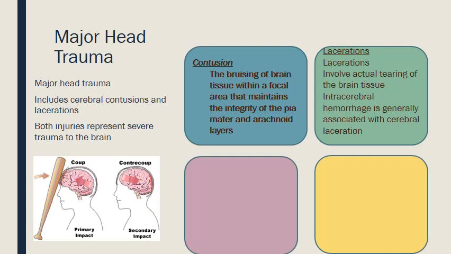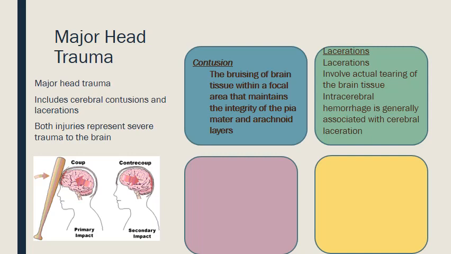There's a couple of things. One is contusion, bruising of the brain tissue within a focal area that maintains the integrity of the pia mater and the arachnoid layers. So one way that we look at that is a coup contrecoup injury. The site of the impact is referred to as the coup injury, or where that initial injury occurs.